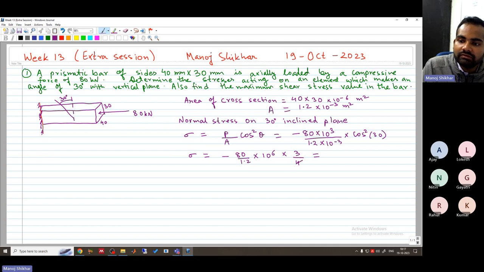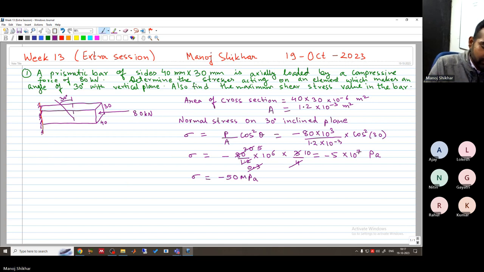So this is 5 into 10 power 7 pascals with a negative sign because it was a compressive load. So our sigma is minus 50 MPa. So this is the normal stress. Okay.